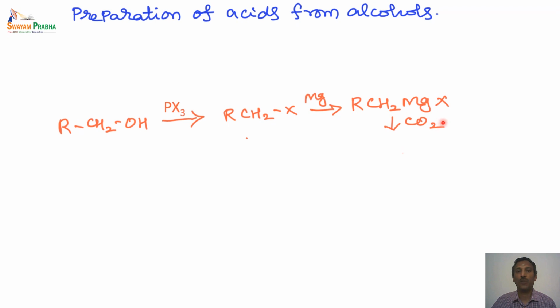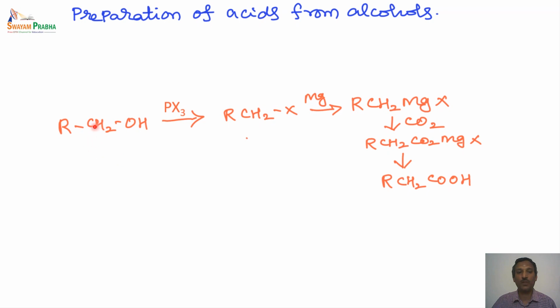The solidified carbon dioxide at minus 78 degrees centigrade gives a solid carbon dioxide. So after the preparation of this Grignard reagent, we add solid CO2, that is the dry ice, and this gives the intermediate which on hydrolysis provides the corresponding carboxylic acid.